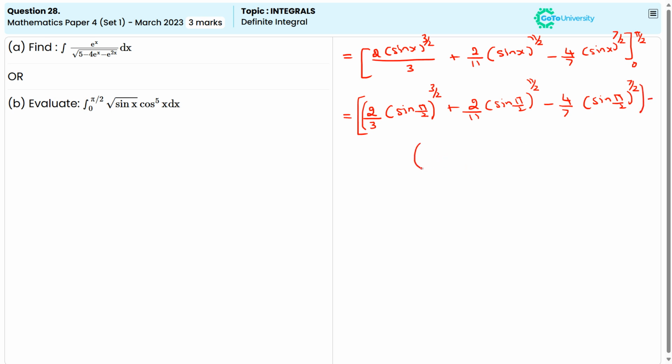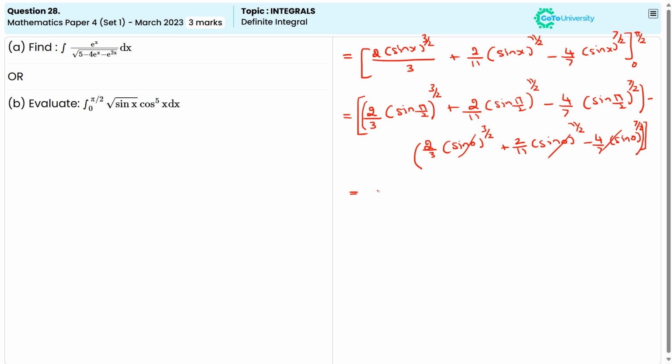So if we take the lower limits, we have 2 by 3 (sin 0) whole power 3 by 2, plus 2 by 11 into (sin 0) whole power 11 by 2, minus 4 by 7 into (sin 0) whole power 7 by 2. So sin 0 is 0, and again 0, 0.